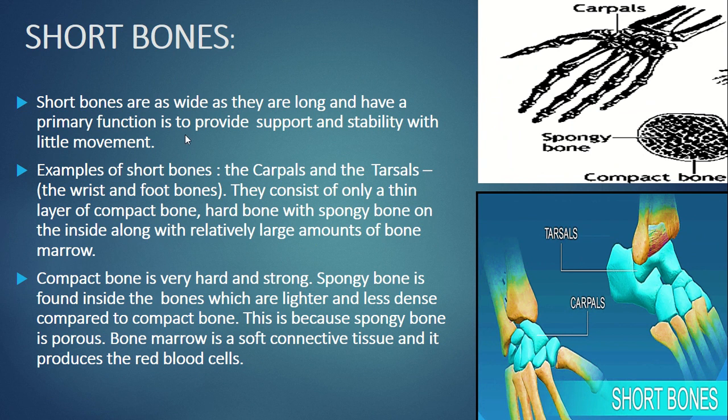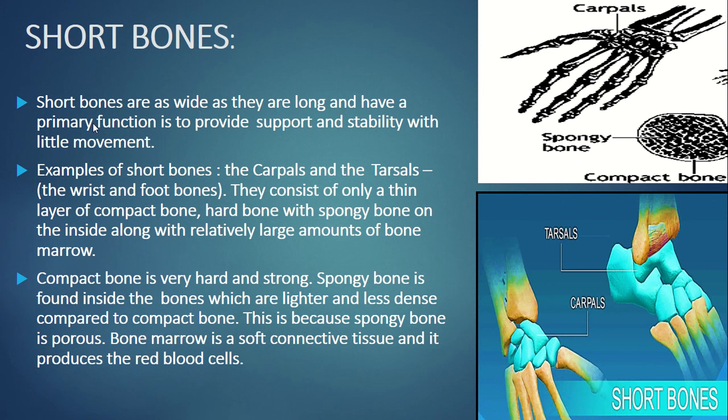Short bones are as wide as they are long, and their primary function is to provide support and stability with little movement. Short bones are mainly present in the hands and the legs. They are not very long, they are very short, but they are very wide.